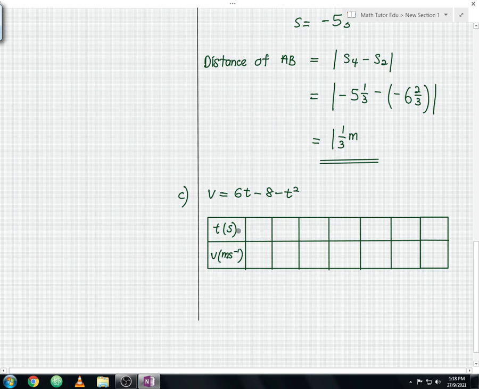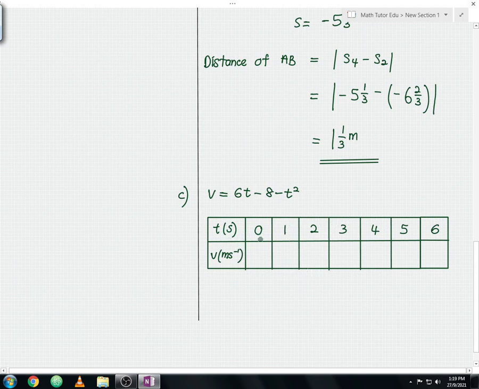So let us put all the range here, starting from 0, followed by 1, 2, 3, 4, 5 and 6. Okay, so from here what we need to do is substitute the value of t into the velocity equation, and include all the values into this table, based on the respective time value, guys.